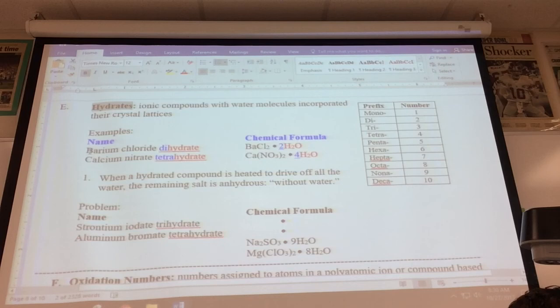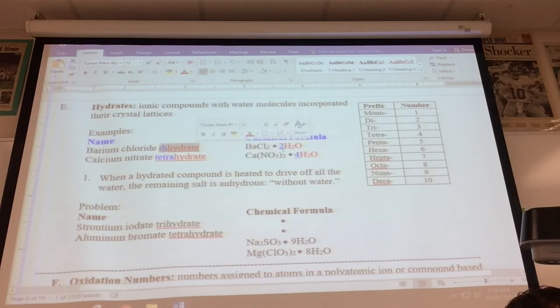If you have, for example, I'll do the chemical formula first. If you're doing the chemical formula first, if you have barium chloride, you know how to write that chemical formula. Then it says dihydrate. You put a dot there. It's usually not that big. I just can't make it much smaller off the program.